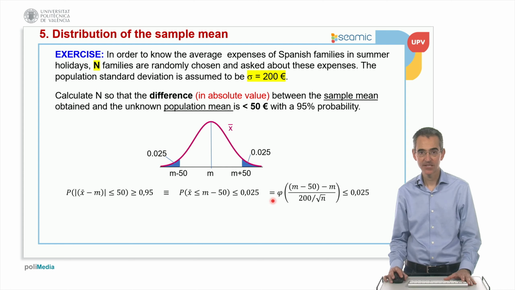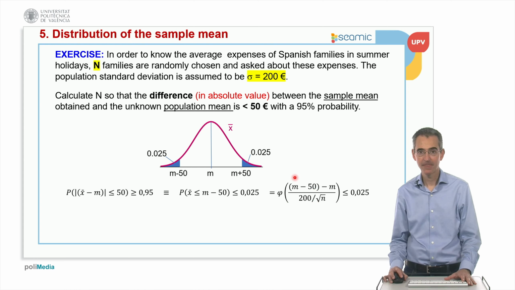So we standardize: the probability that the standard normal distribution has to be less than this value. We make this operation because the distribution of the sample mean has the population mean as its average, with a standard deviation which is 200 divided by the square root of n. This is the standard deviation of the sample mean.